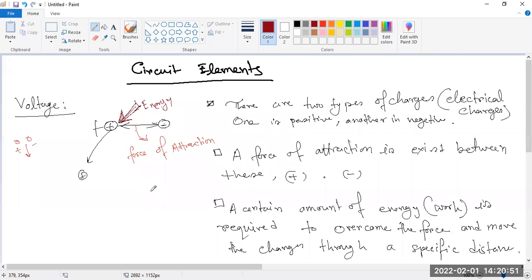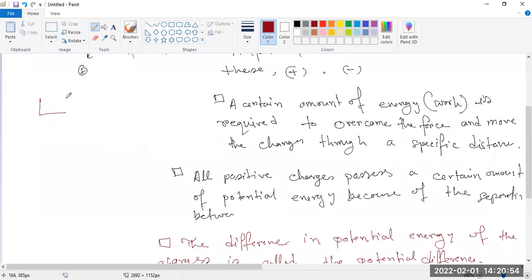Actually, you all know, if there are two tanks at different heights, then from the upper tank to the lower tank, water or liquid will flow. But if there are two tanks at the same level, if you connect them, then no water will flow from this tank to this tank. So this is called the potential difference.